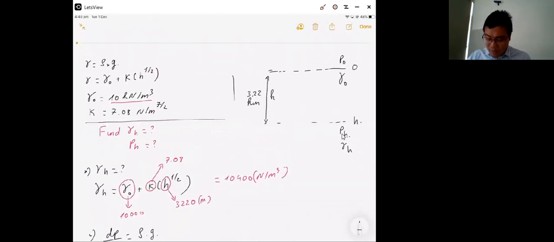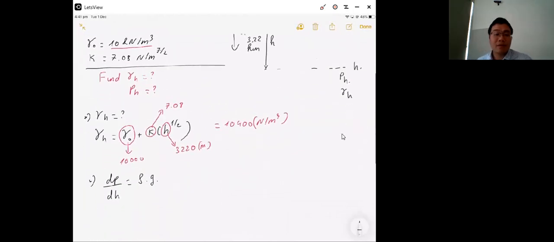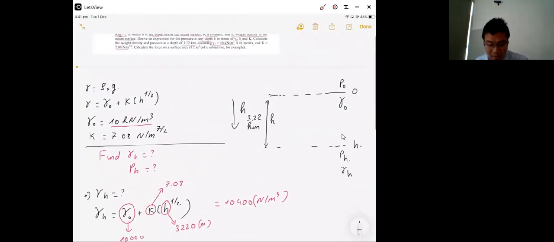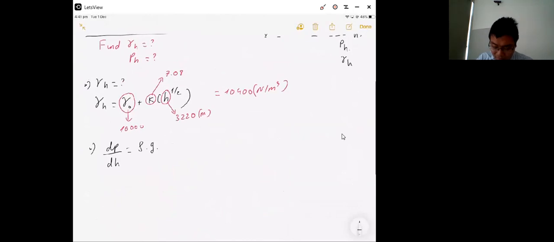We use S direction here, downward. And rho z is gamma, the weight density. So you have dP over ds equal to gamma, and you have to find the pressure from this equation.